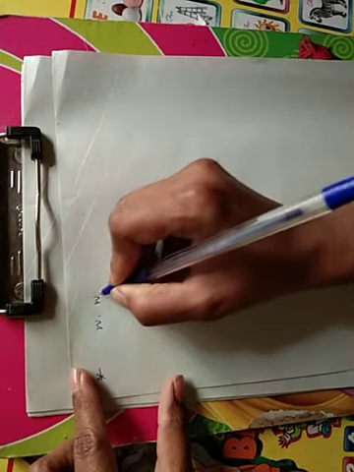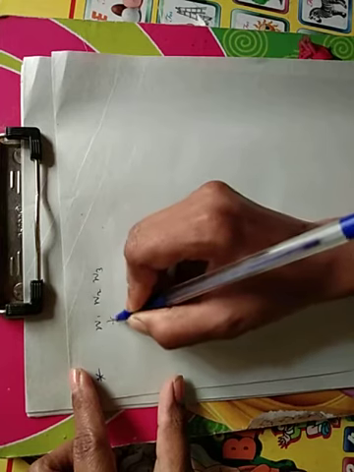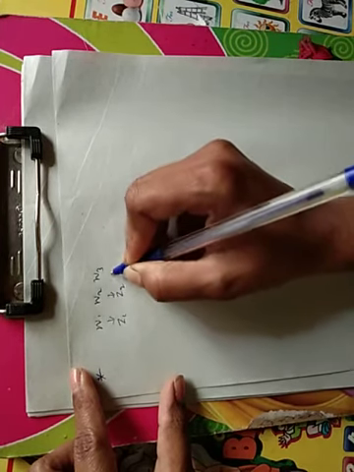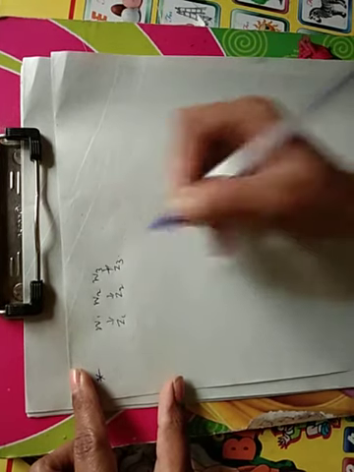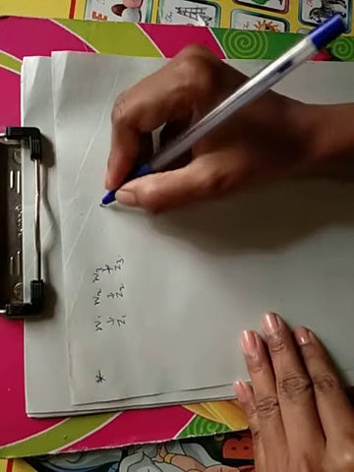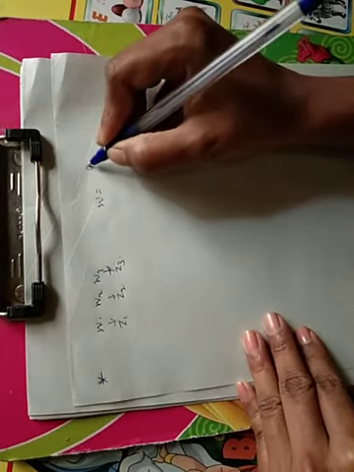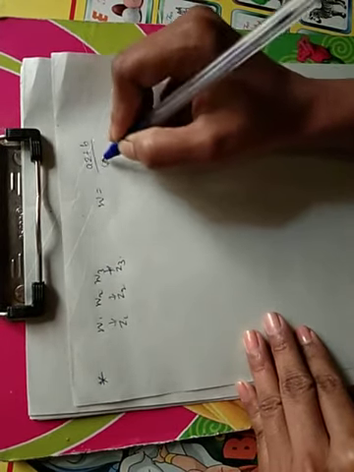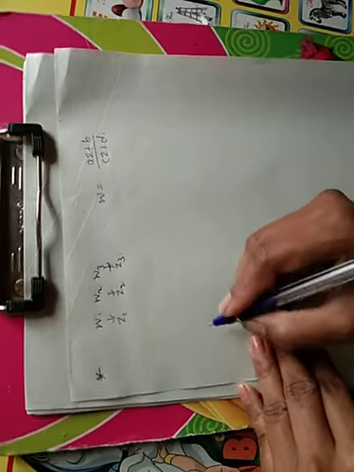In the first step, they will give you the respective W1, W2, W3 and the respective Z1, Z2 and Z3. First we have to assume the bilinear transformation of the form (AZ plus B) divided by (CZ plus D).